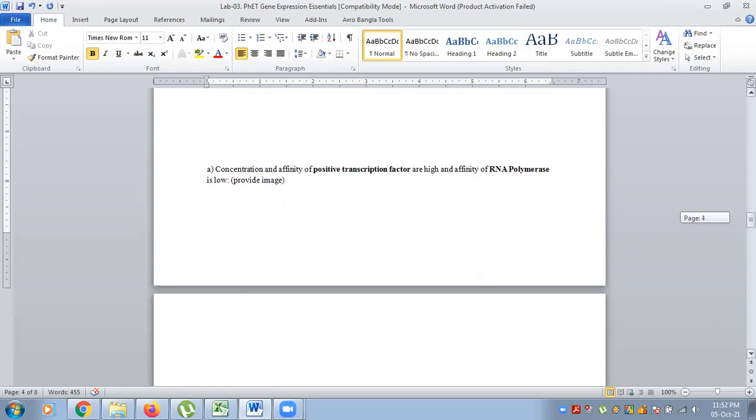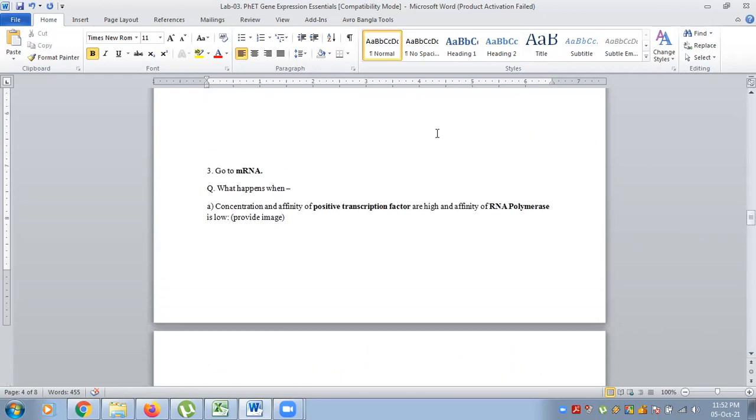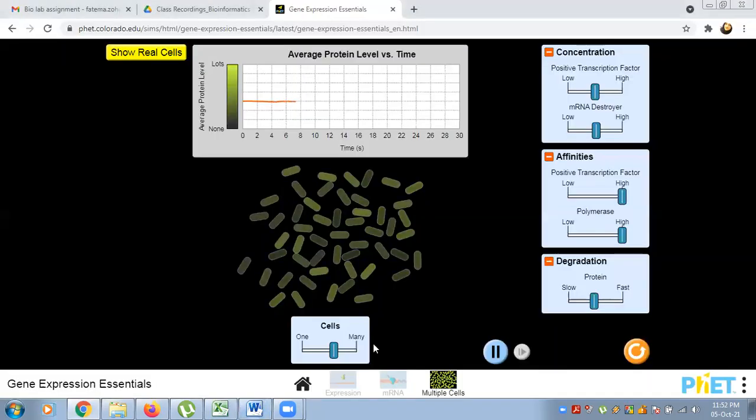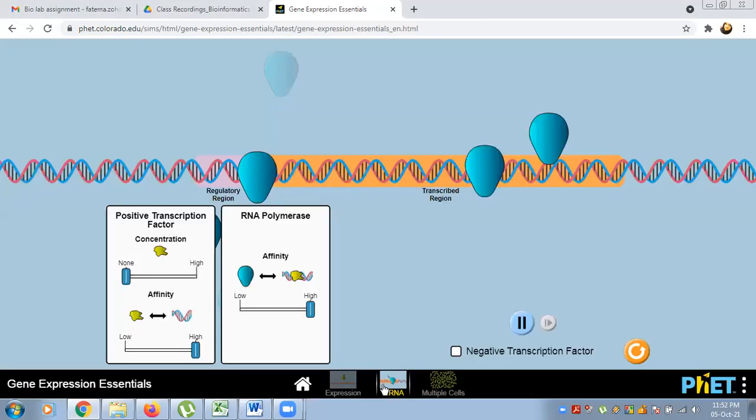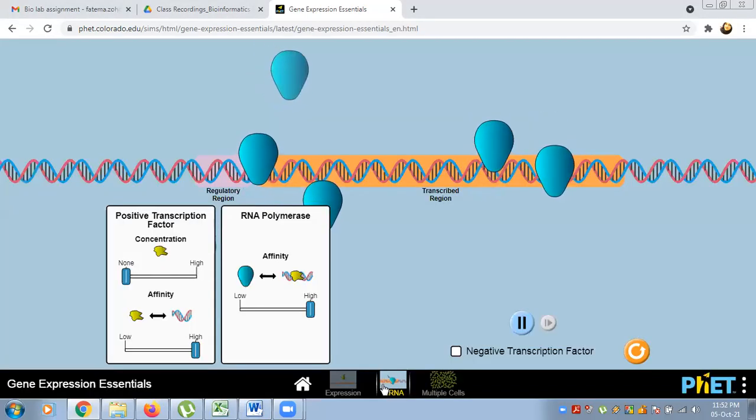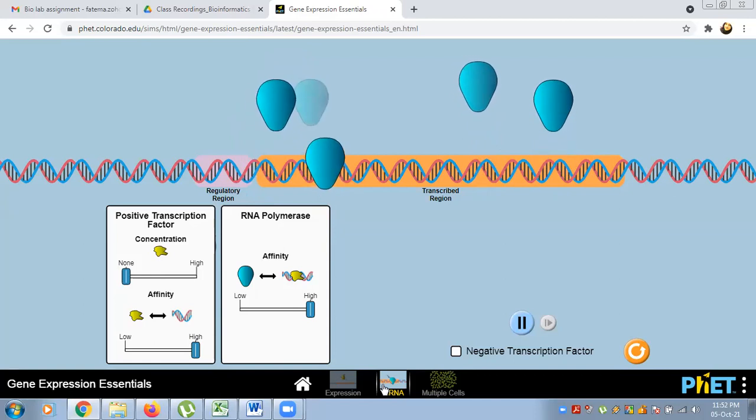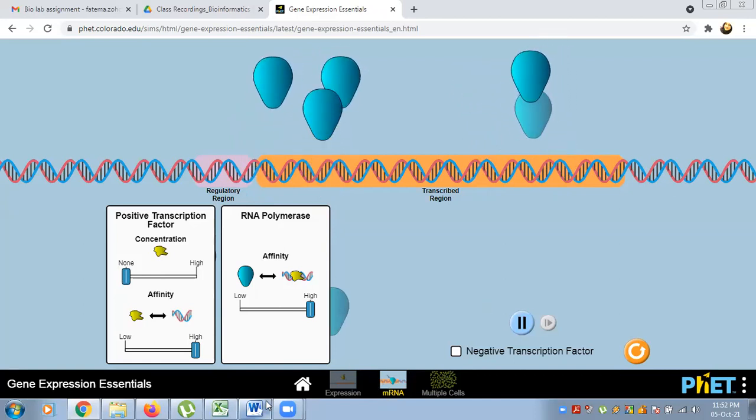Going to the next level, go to mRNA. All right, I'm going to mRNA. Yeah, so this is the page for mRNA.